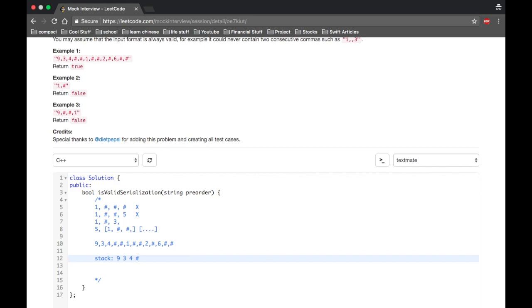So when I have a hash, I pop, and then when there's a second hash, I pop the 4.